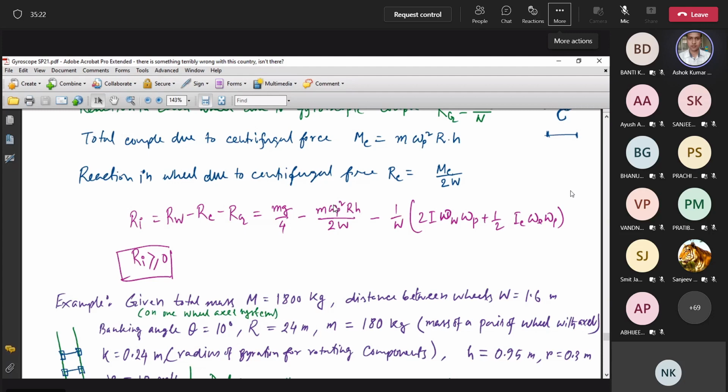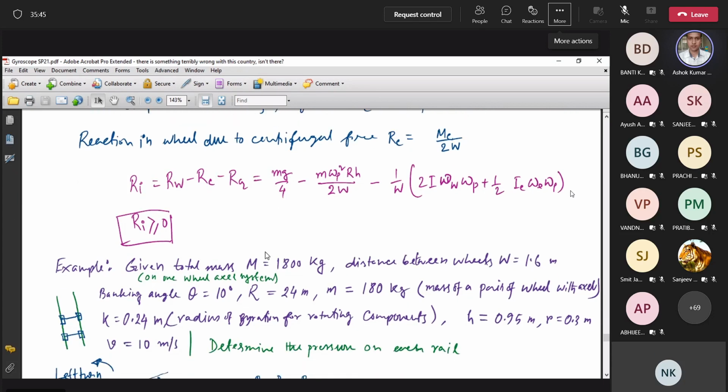Why do you slow down? There is not only the centrifugal action, the gyroscopic actions are also there. So you need to control the speed, and those speeds are written here. So this toppling depends on this expression.